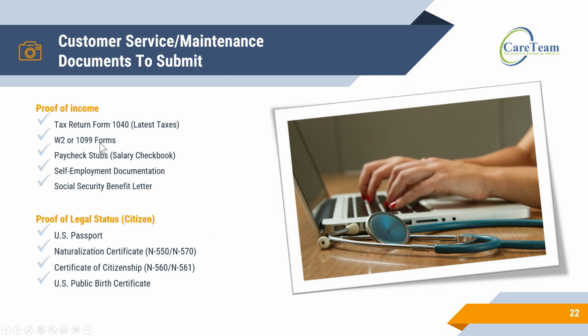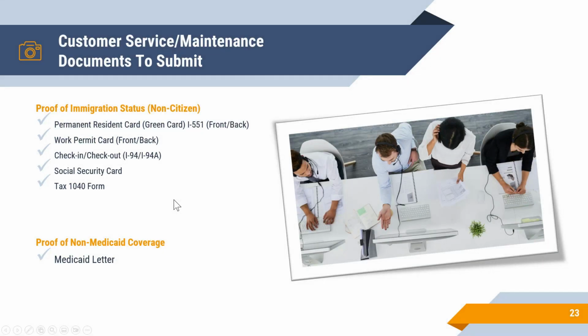Documents that can be submitted for proof of income include their most recent tax return, a W-2 or 1099 form, paycheck stubs, self-employment documentation, or a social security benefit letter. Proof of legal citizen status is a U.S. passport, naturalization certificate, certificate of citizenship, or U.S. public birth certificate.